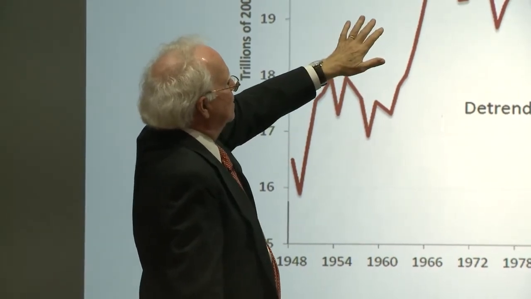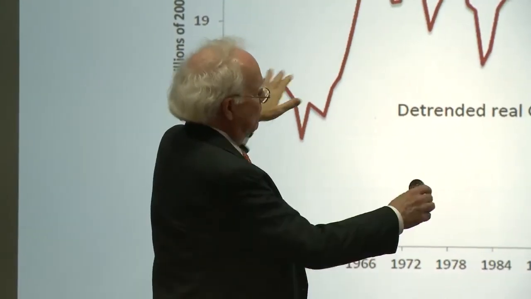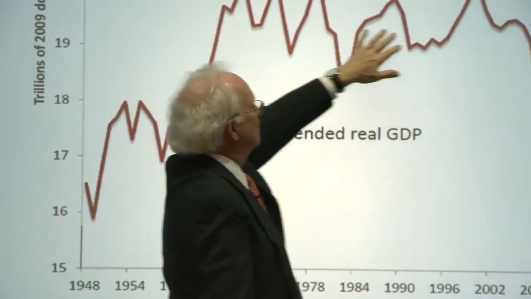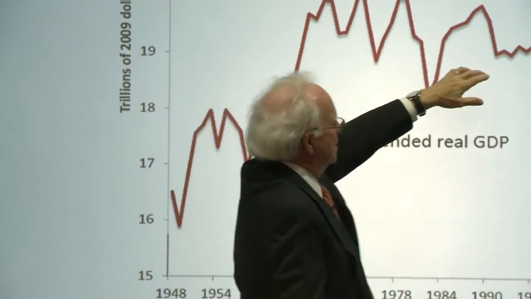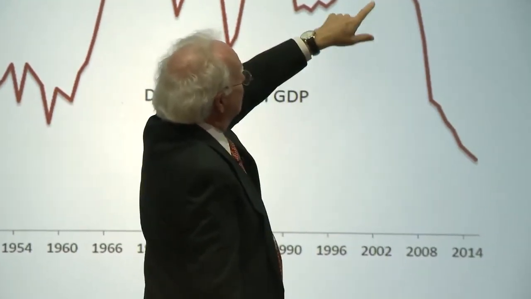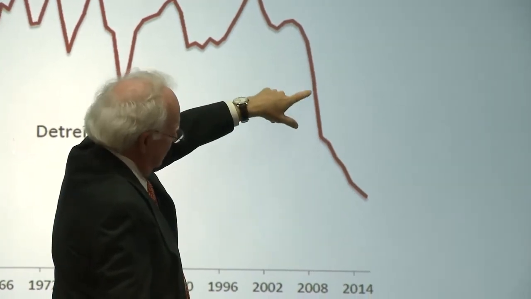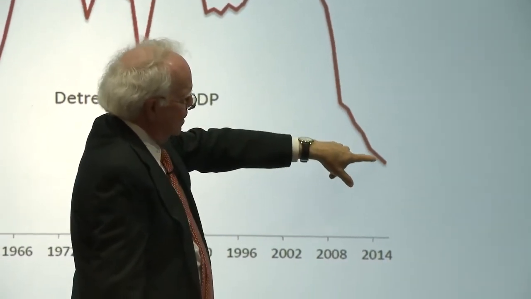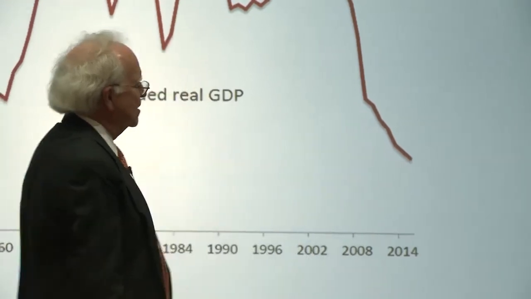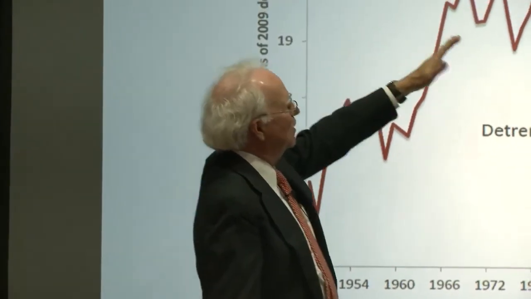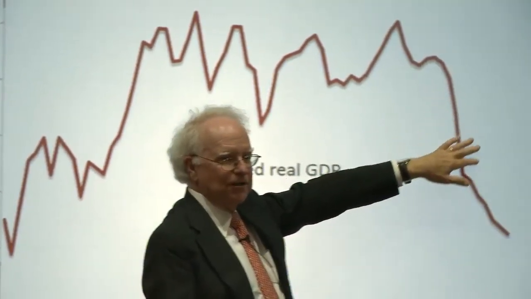And then the growth rate, see these are levels, so this means the growth rate is just the trend growth rate for a long time. And then, starting sometime in 2000, but especially after the crisis in 2008, it's gone back down, and we lost all the extra growth that had occurred in this period. We lost it right after the crisis.